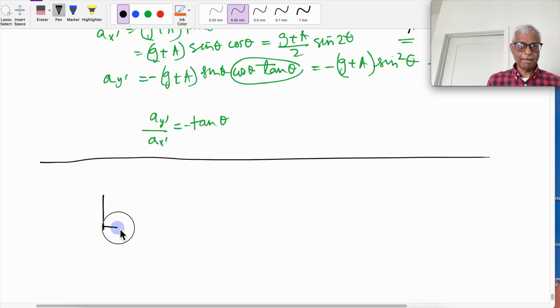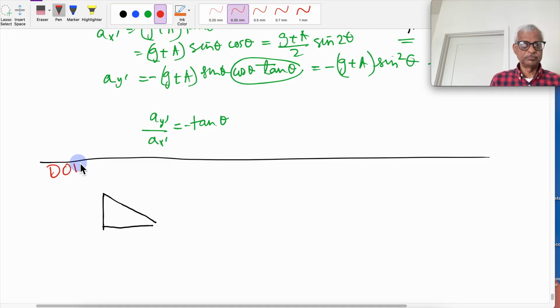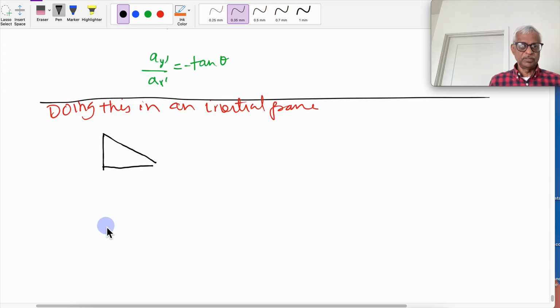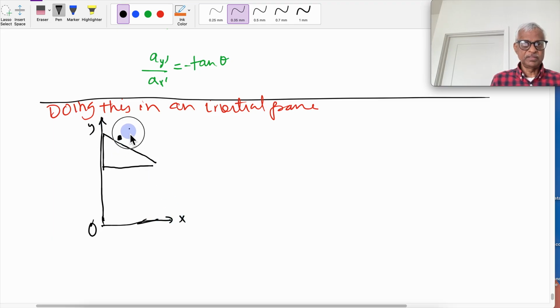So the inertial frame is like that, with axes Y, O. Now the block is at x and y, and this point is at some capital X, capital Y, so this is a function of time.